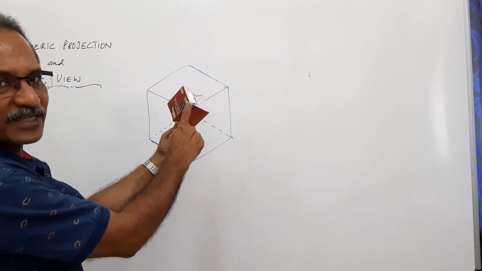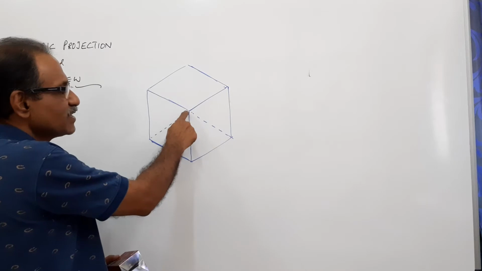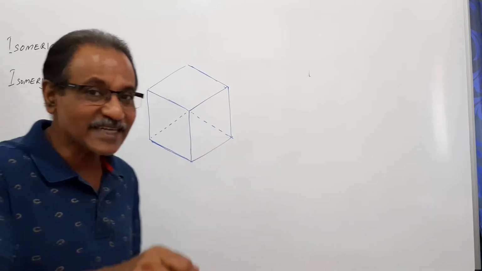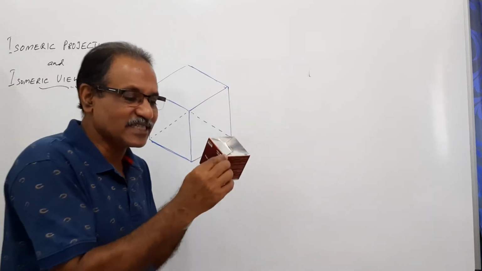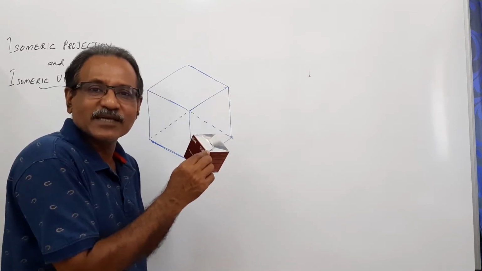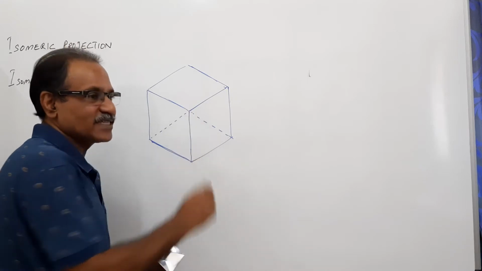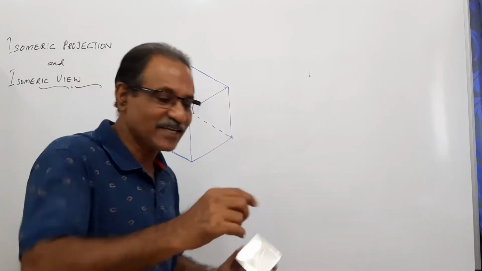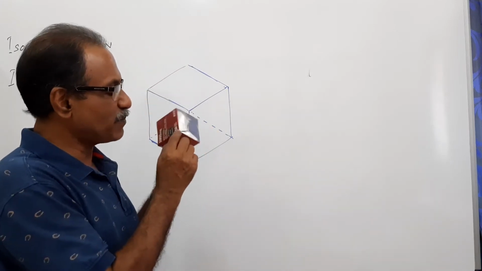This is the shape of the elevation. What is this point? This point is the elevation of that solid diagonal which is kept perpendicular to VP. When a line is kept perpendicular to VP, its elevation is a point.